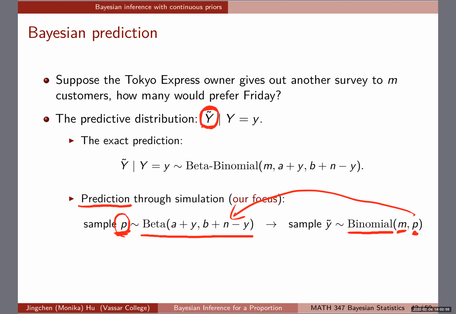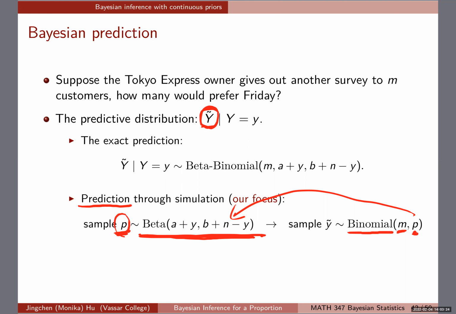Okay, so the logic goes this way. I want to predict my Y tilde, and I already know the posterior distribution of p, and I want to use that information. So I do this through a two-step process. I need a posterior sample of p, a particular value of p that I can sample from this posterior beta distribution. And then, given whatever value of p I got, I can do another binomial draw.